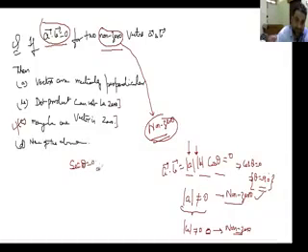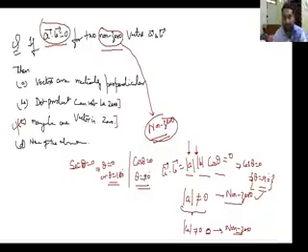If both are in the same direction, A is in this direction, B is also in this direction, collinear this way, this is called parallel. If A is in this direction and B is in the opposite direction, they are called anti-parallel. So if the vectors are collinear, they can be parallel or anti-parallel, means same direction or exactly opposite direction.